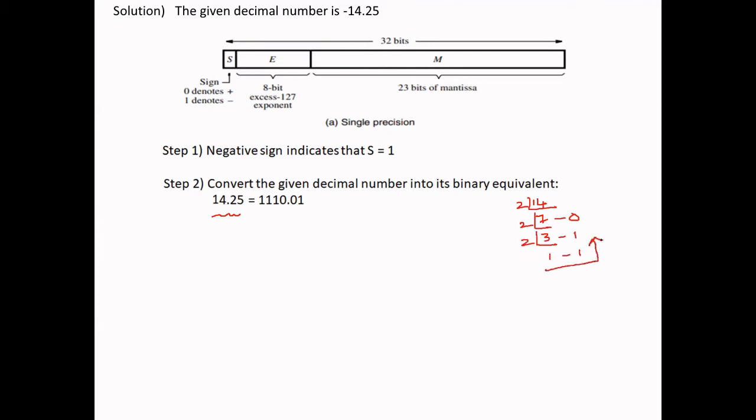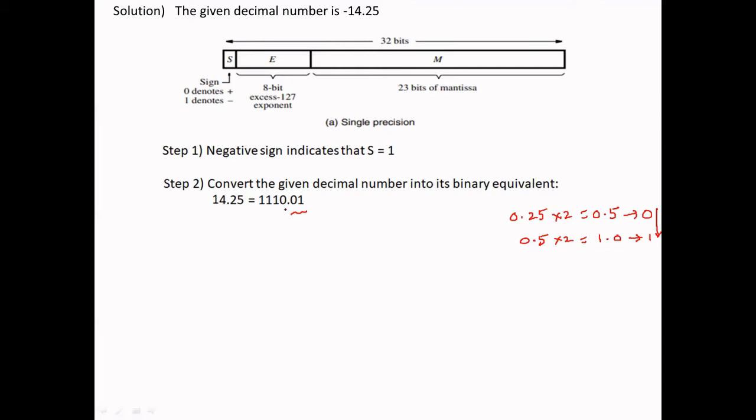So the integer part is 1110, and for the fraction part, 0.25 into 2 equals 0.5, so 0 is given here. Then 0.5 into 2 equals 1.0, so this is 1. So in this direction we take it, and this is 01 after the binary point.